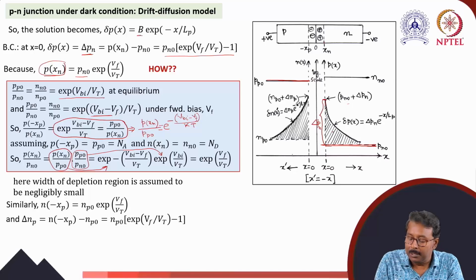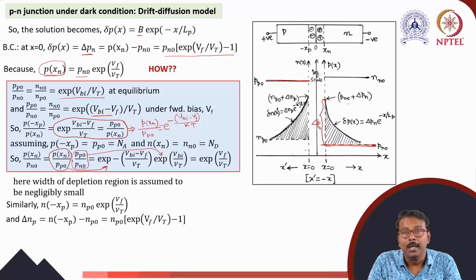The same thing, similarly, np value here will be greater than np0 by a factor np0 into e to the power Vf by Vt. If you increase the forward bias voltage, this height will be increasing. But we have considered low level injection, that means the excess minority holes concentration is much less than majority carrier concentration.